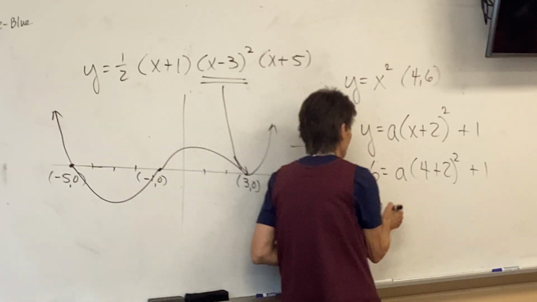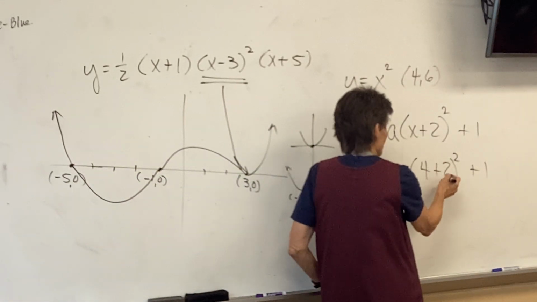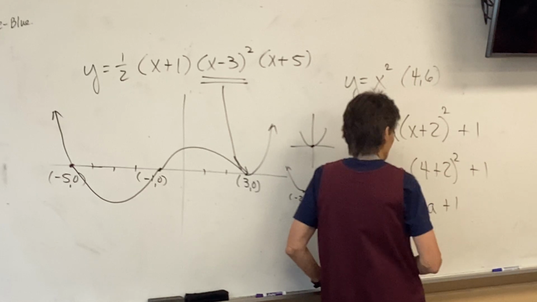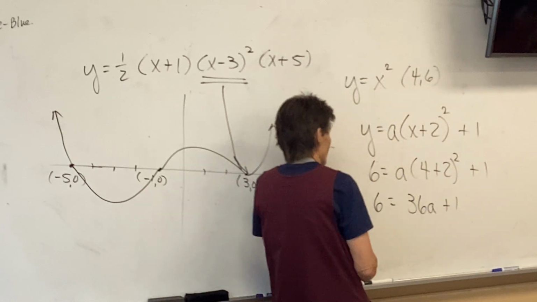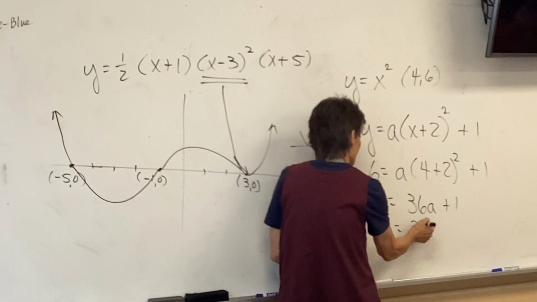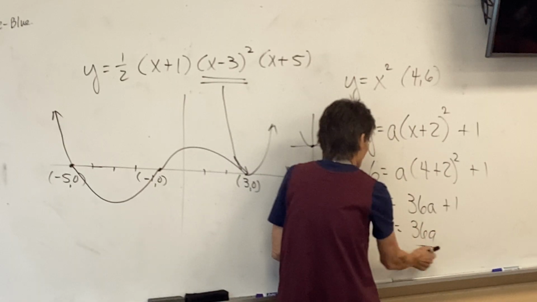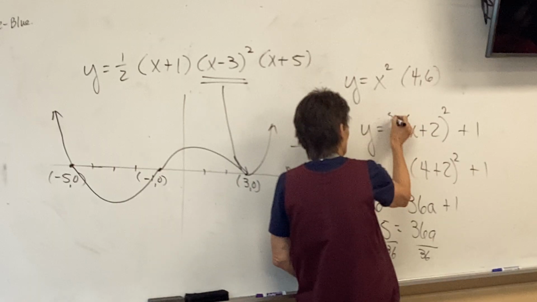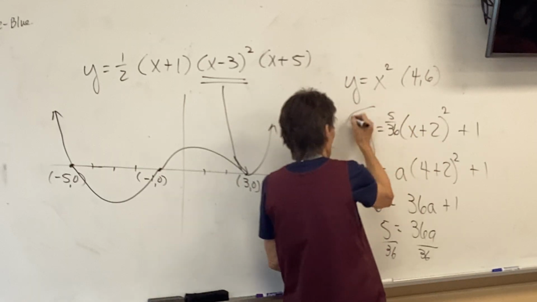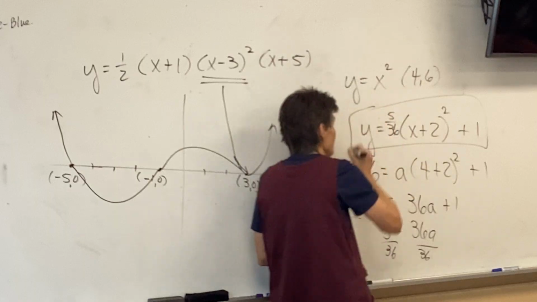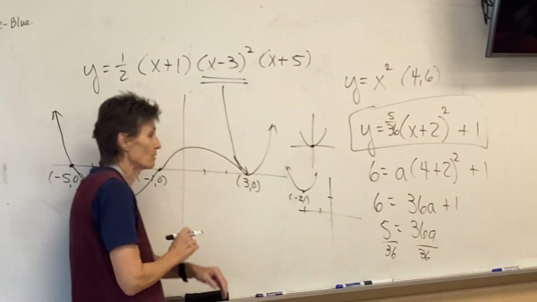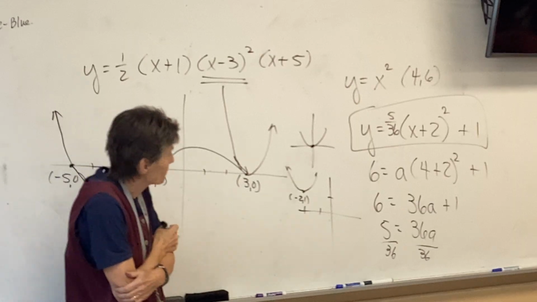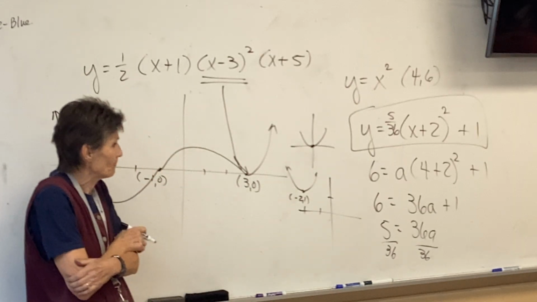And then solve it. 4 plus 2 is 6, squared is 36. Subtract 1. And divide. Don't be alarmed that the leading coefficient often comes out to be a good number. It came out to be 35/36, if I did my arithmetic.